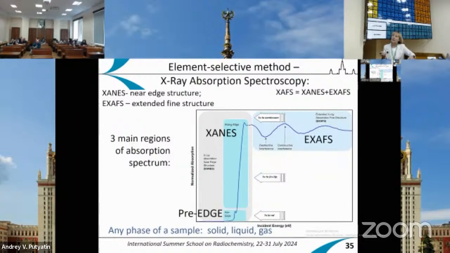And you can analyze any phase of a sample, solid, liquid, and gas, if you have enough atoms for analysis and enough light for analysis, if you have some useful signal.